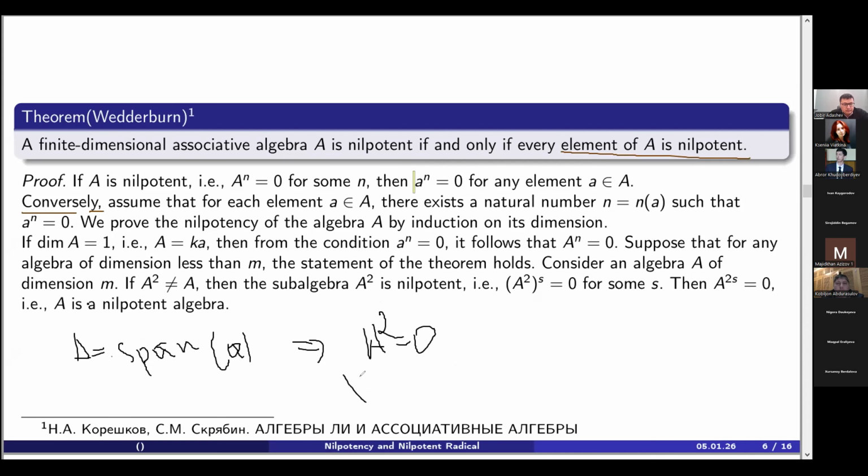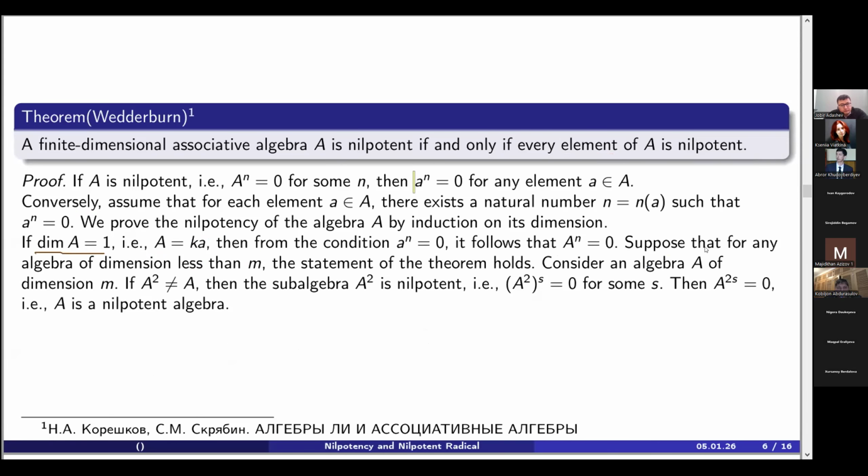For any element of A, some power n equals 0. It means that for the algebra also, the power n equals 0, because A contains just one basis element. So for the one dimensional case, it's okay.